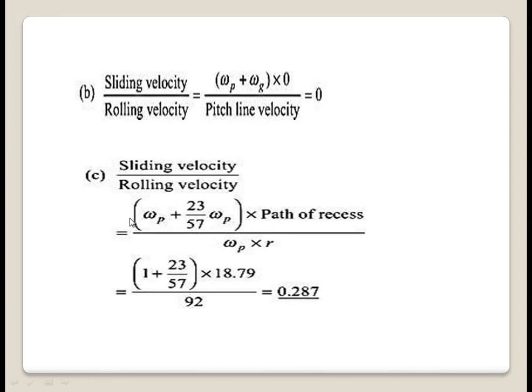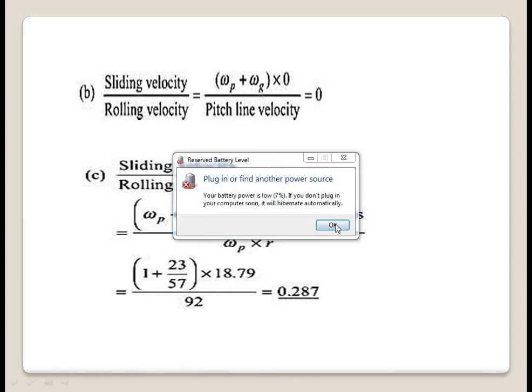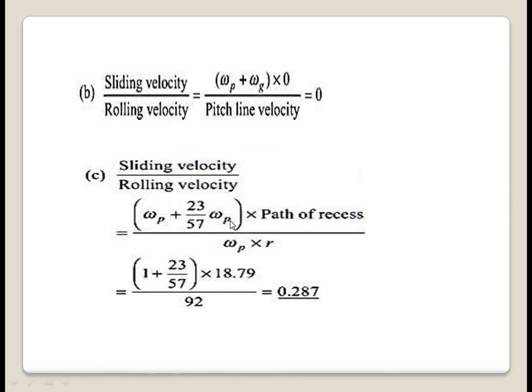Again we know that omega g divided by omega p is equal to small t divided by capital T, so 23 divided by 57, times omega p. Divided by omega p into r, take omega p common from the bracket, so omega p gets cancelled.